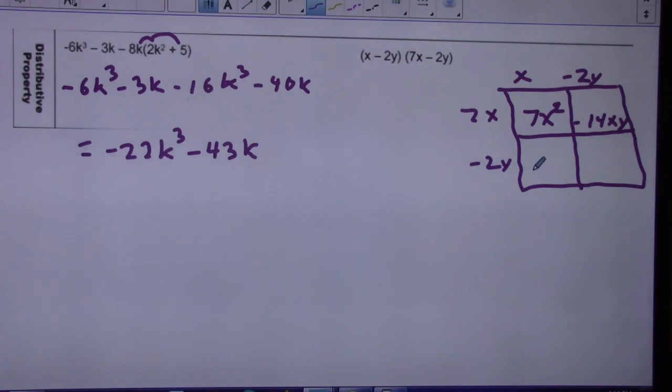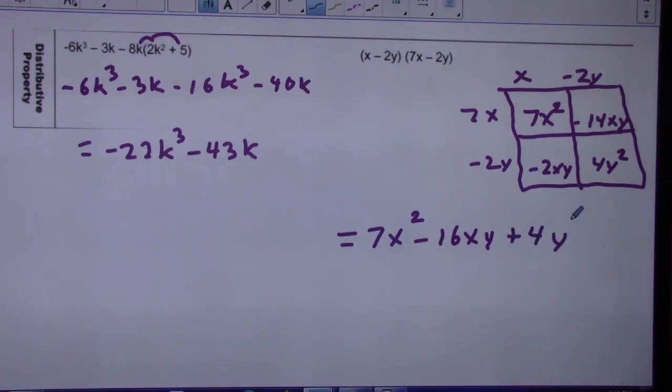And over here you get negative 2xy. And over here you get 4y squared. So your answer is going to be 7x squared minus 16xy plus 4y squared. And that, ladies and gentlemen, should be all of it.